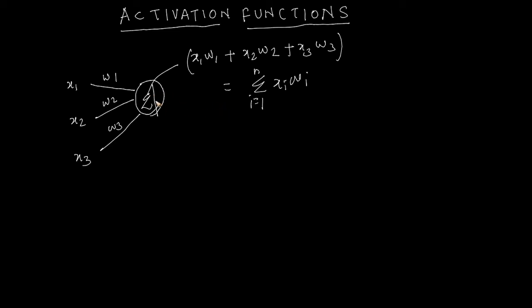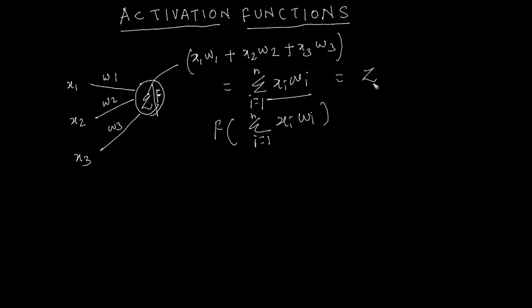Now, after this sum, we have what is called a function. We apply this function, which we write as f, on this sum of xi wi. Let me call this sum z.